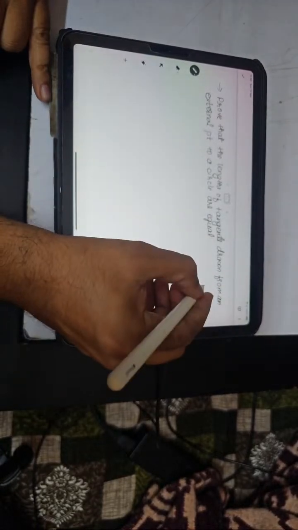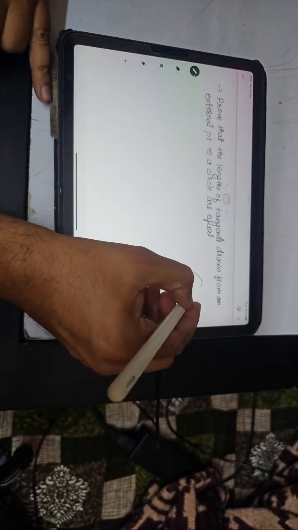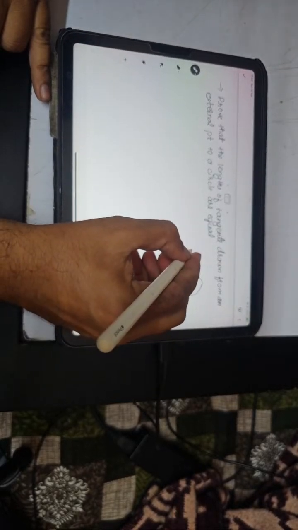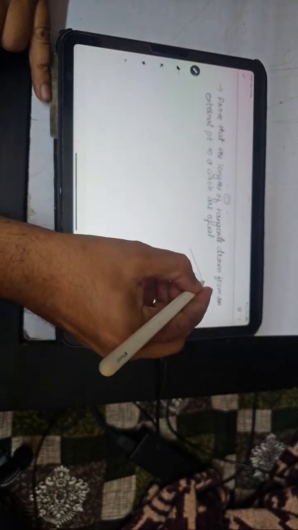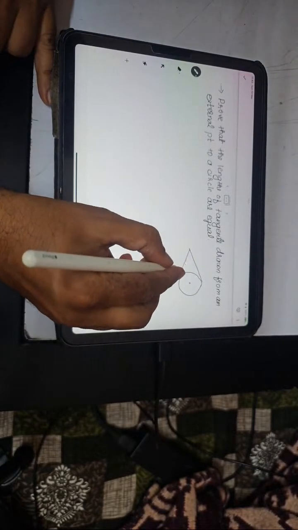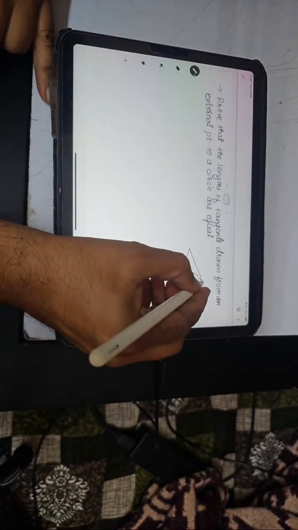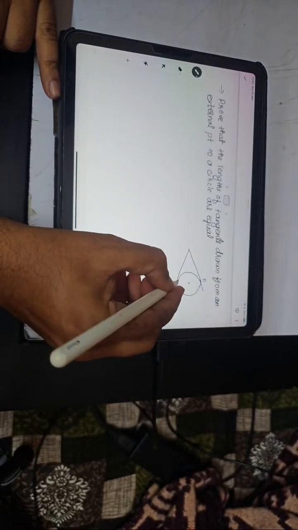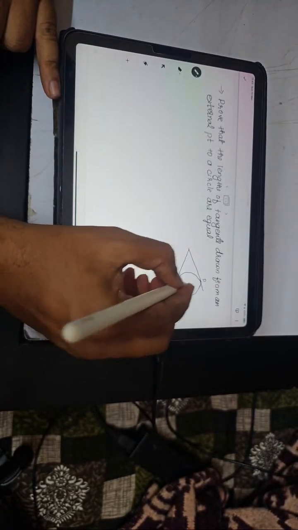That means this is which one? See this one. This is a circle with center O, and from point T I am drawing two tangents which touch it at P, and let this point be Q. It is touching here.